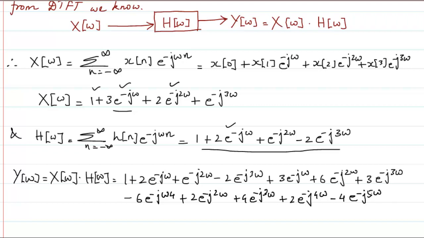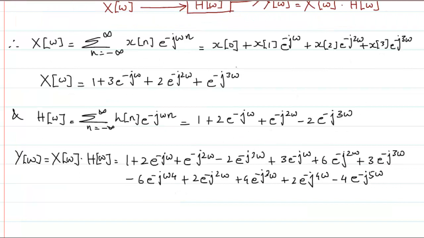Similarly I can write for the last one, then the last one is going to be e raised to power minus j 3 omega plus 2 times e raised to power minus j 4 omega plus e raised to power minus j 5 omega minus 2 e raised to power minus j 6 omega.